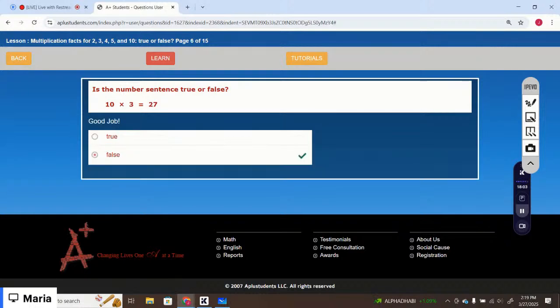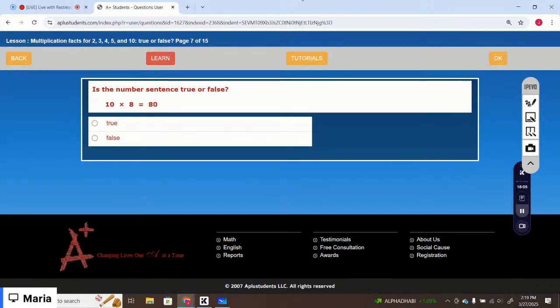Option number 2 is the correct option. 10 times 8 equals 80. Is it true or false?